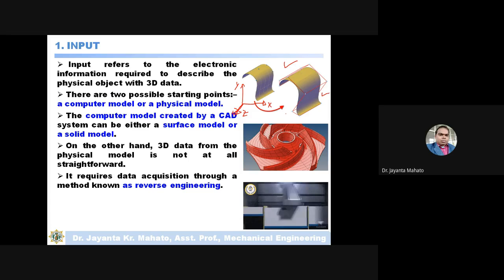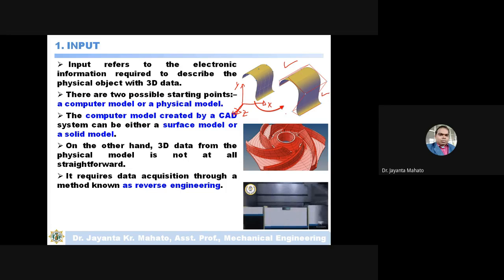Creating this three-dimensional data for CAD software or whatever is not easy. Reverse engineering is required to create this three-dimensional data.